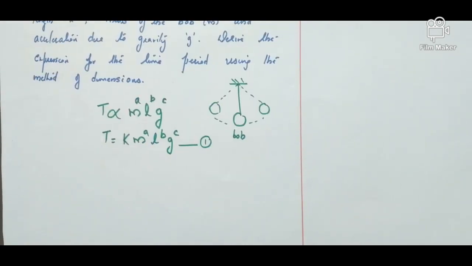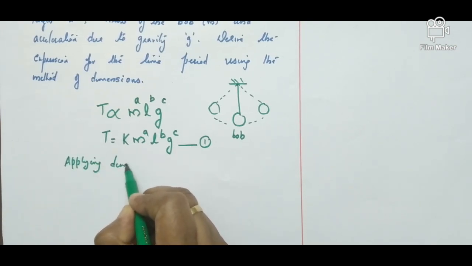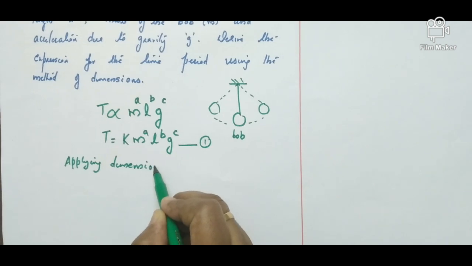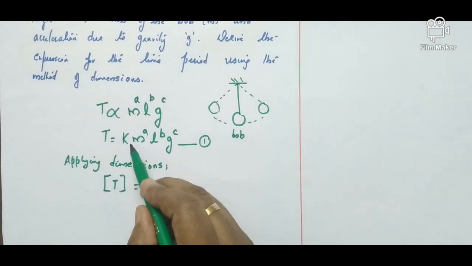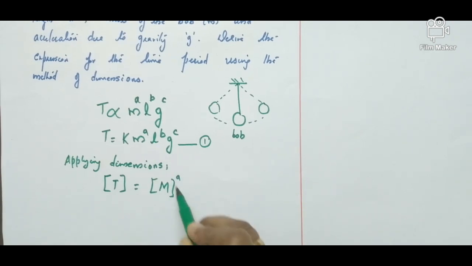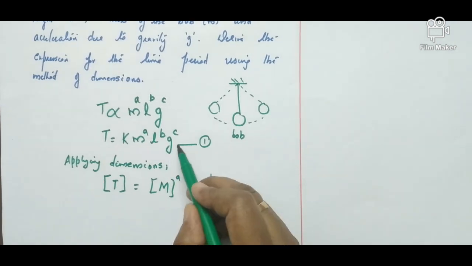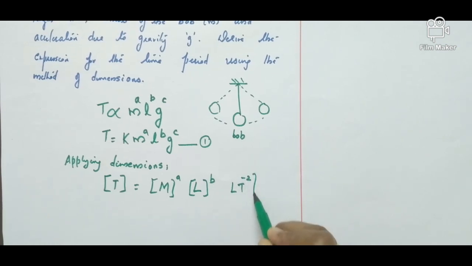Now we can apply dimensions on the left hand side and right hand side. The dimension of time period T is T only. K is a constant, no dimension. M represents mass, therefore M raised to A. L represents length, so its dimension is L raised to B. G represents acceleration due to gravity and we know its dimension is LT raised to minus 2, the whole raised to C. Now take all the mass terms together.